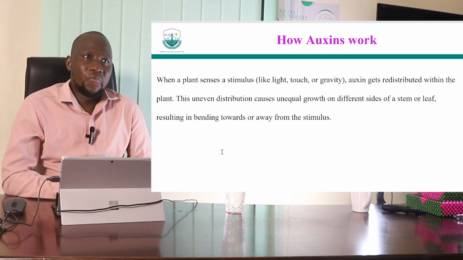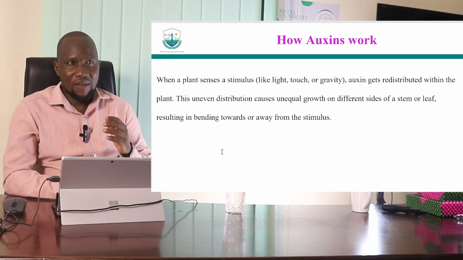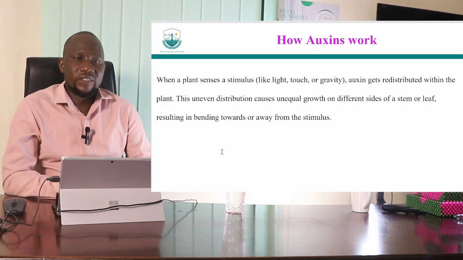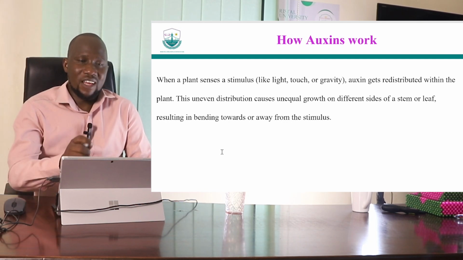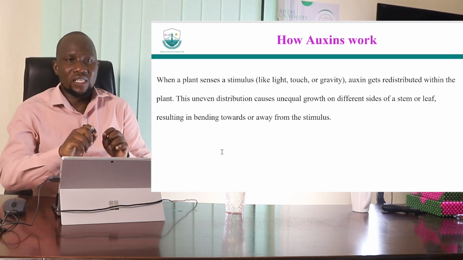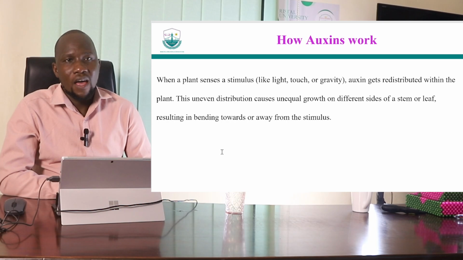Okay, so the key concept here is that plants do have auxins that influence their cell growth, as auxins make the cells elongated.